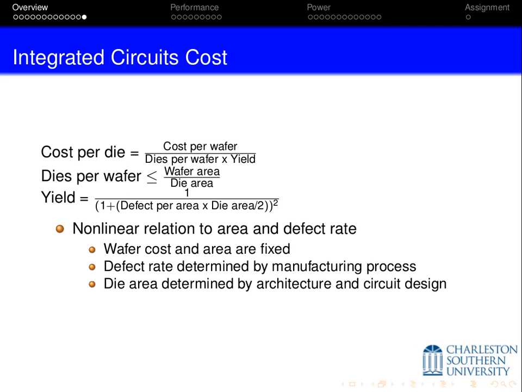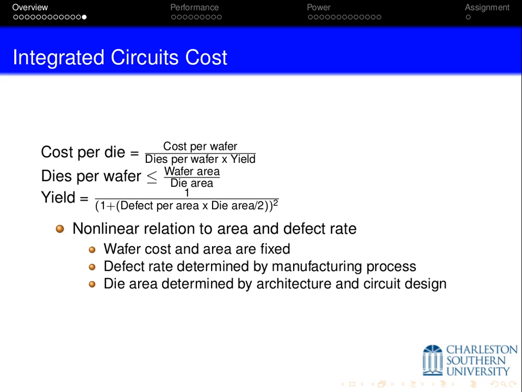The number of ones that don't work in the area. Okay, the number of defects in the area. And then the die area? How much area the die takes up. Okay. Divide that by 2. Why are we dividing it by 2? Because there's stuff that doesn't work.